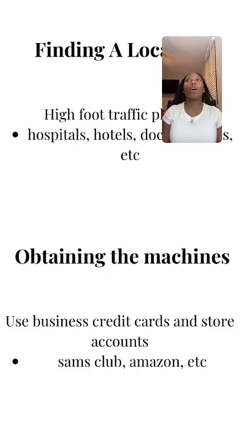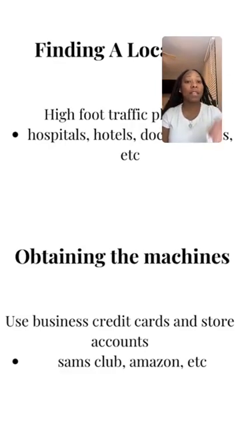Okay, so a lot of the times, people do not know that Sam's Club sells vending machines. Okay, so let's give you a scenario. Well, it's not a scenario. It's real. It's true. I have a $15,000 business credit card, right?